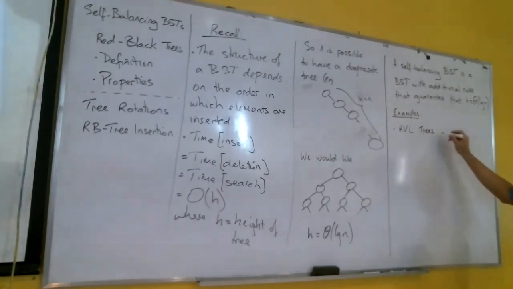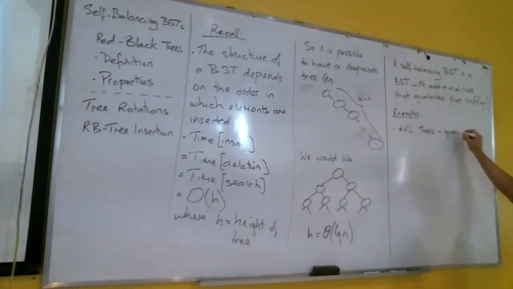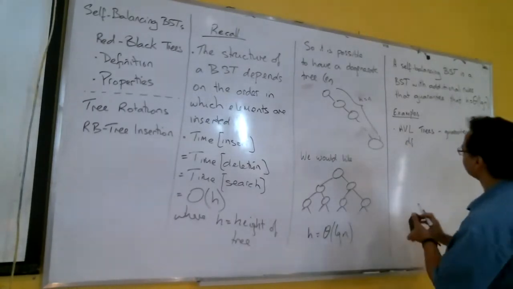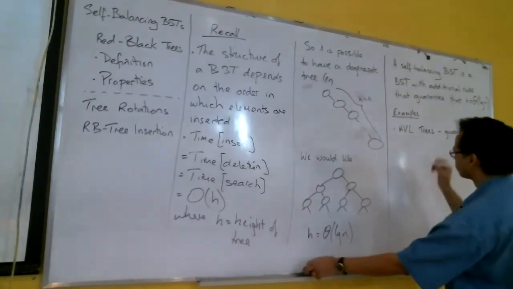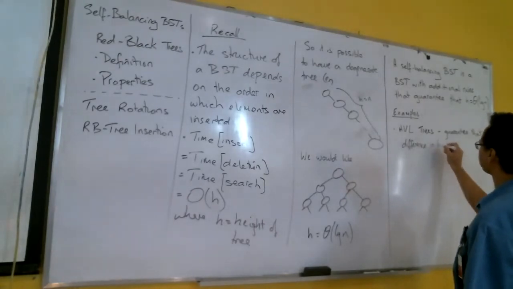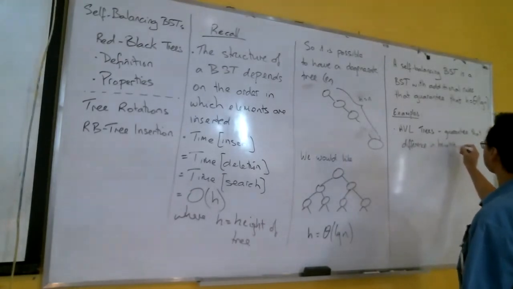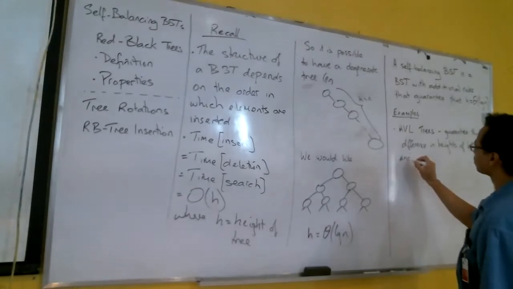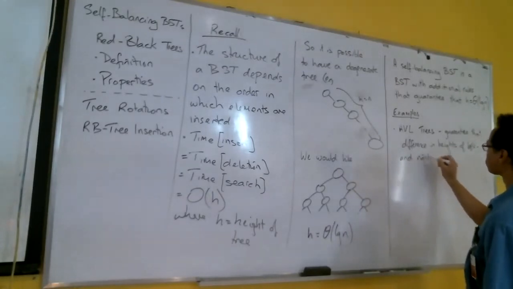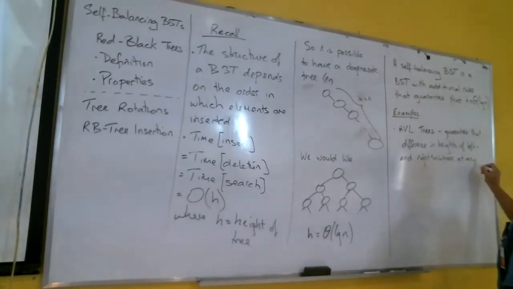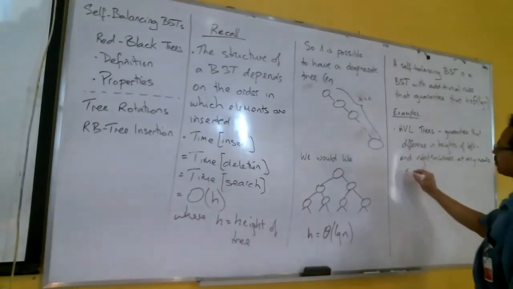In this case, what these will do is guarantee that the difference in height of the left and right subtrees at any node is at most 1.